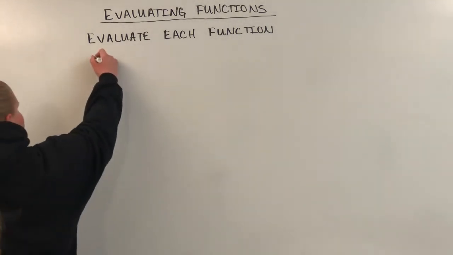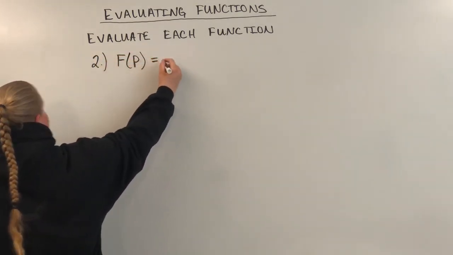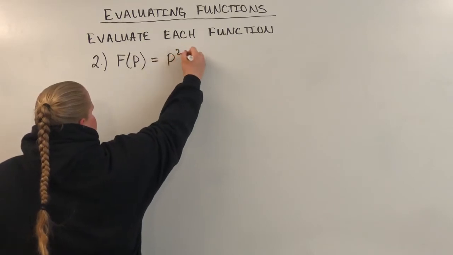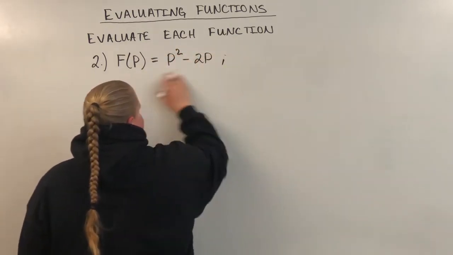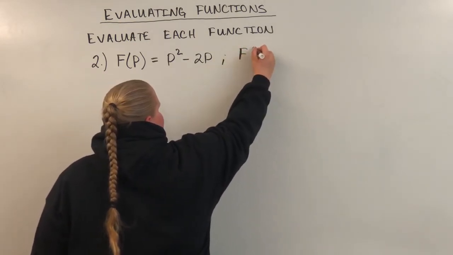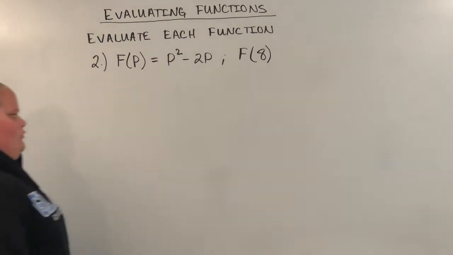Okay, our second example, I have f of p equals p squared minus 2p, and we're going to find the function's value when we have f of 8. So p is going to equal 8.